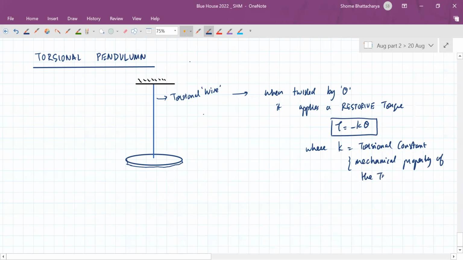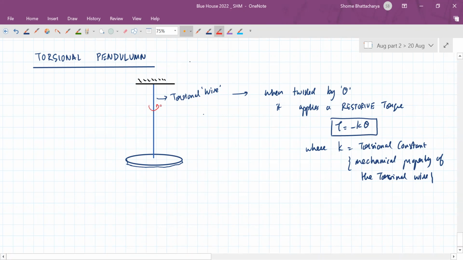Sir, what's the difference between a torsional wire and a normal wire? A normal wire, when you twist it, it will tend to either get permanently deformed, or even if it applies a restorative torque trying to restore back to the original position, that restorative torque will not be proportionate to the angular displacement. Okay.